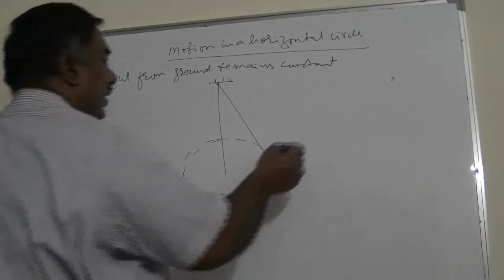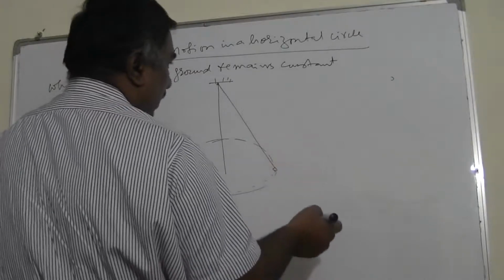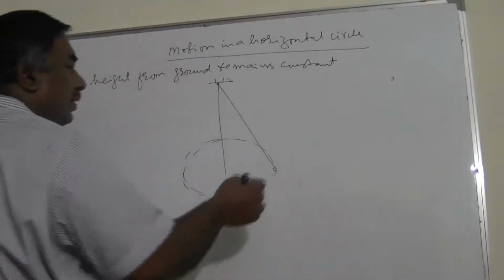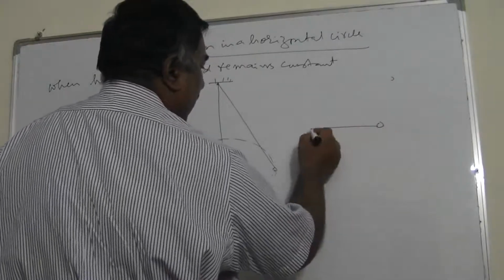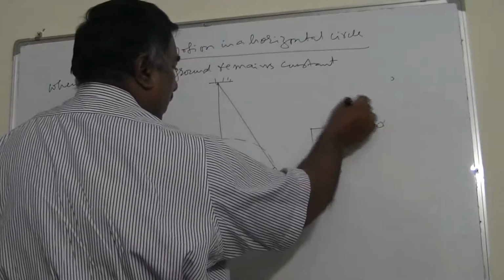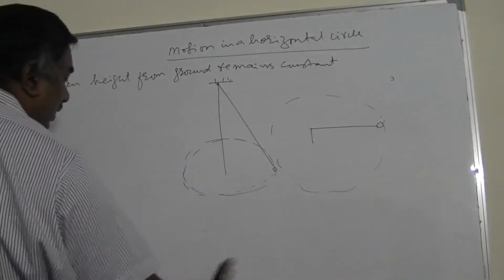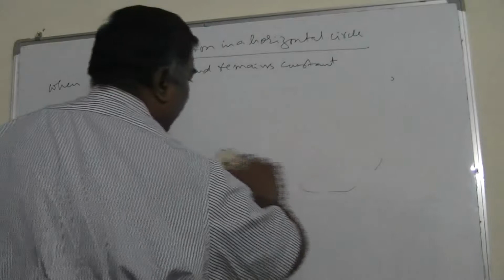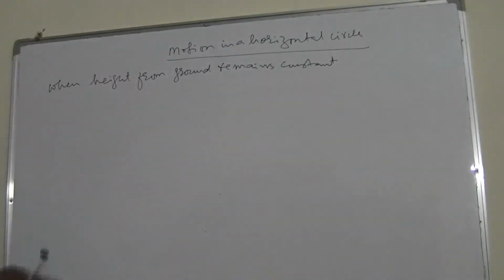Or for example, suppose a thread is there, and the object tied with this thread moves in a circle, then that's a horizontal circle.